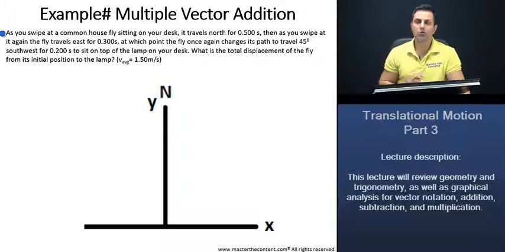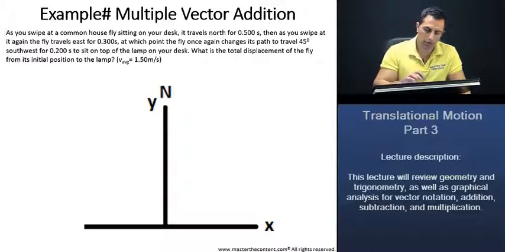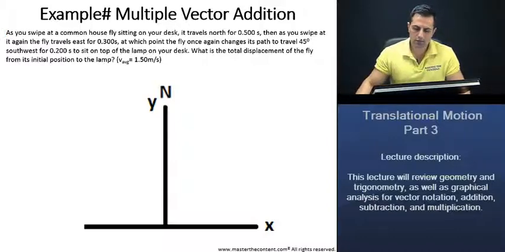To find total displacement, let's first draw out the path. Let's just highlight all the directionalities that are going to be taking place: north for 0.5 seconds, east for 0.3 seconds, 45 degrees southwest for 0.2 seconds.